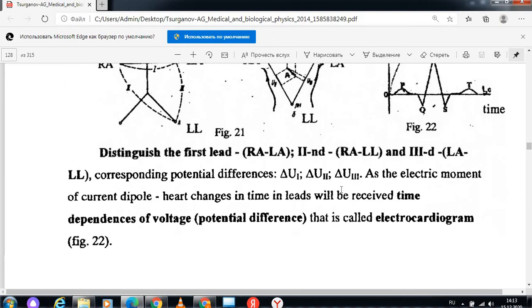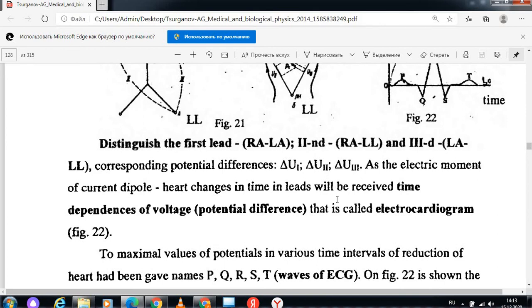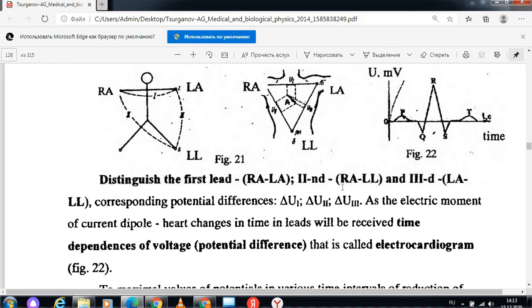As the electric moment of the current dipole heart changes in time, in the leads there will be received the time dependencies of voltage, the potential difference. That is exactly called the electrocardiogram, on figure 22.